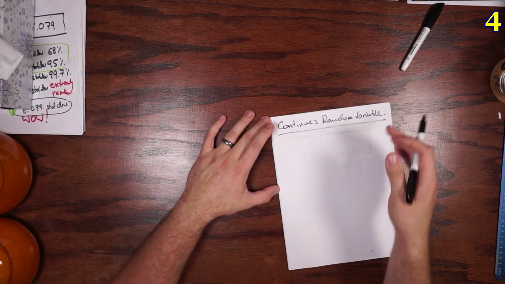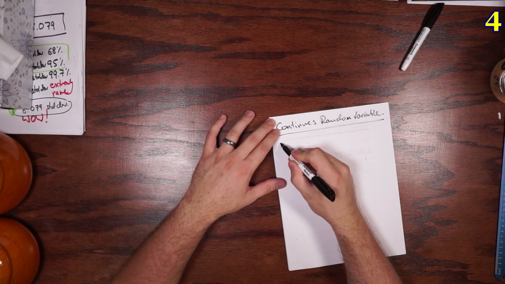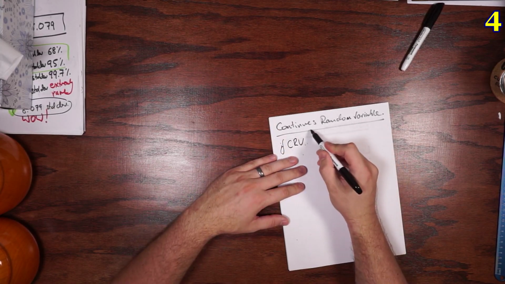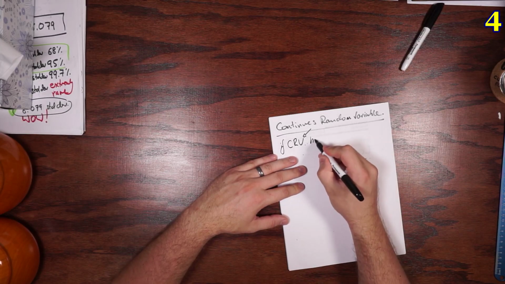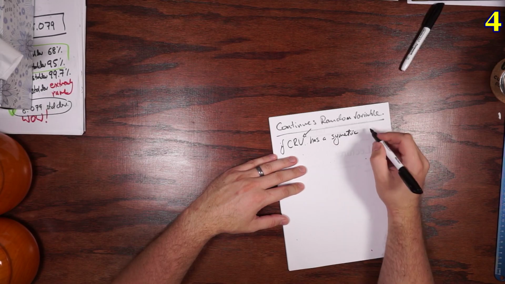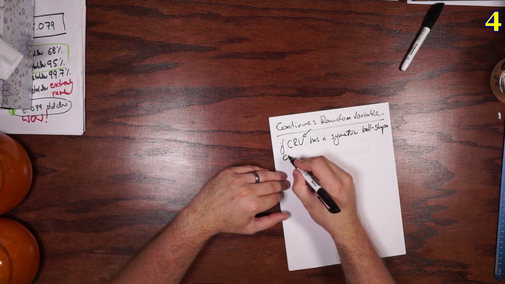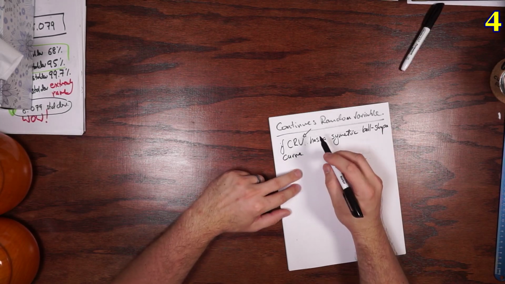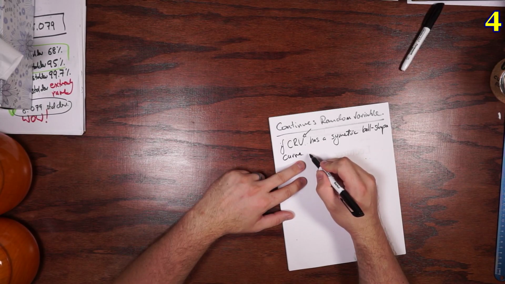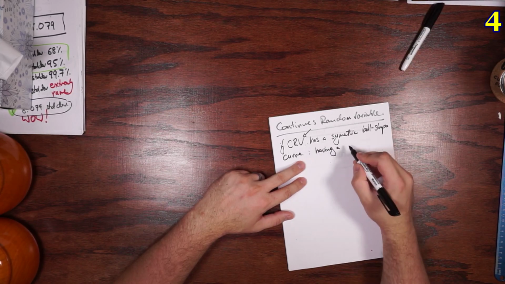So we should start with the first important point: if a CRV, a continuous random variable, has a symmetric bell-shaped curve, we describe it as having a normal distribution.